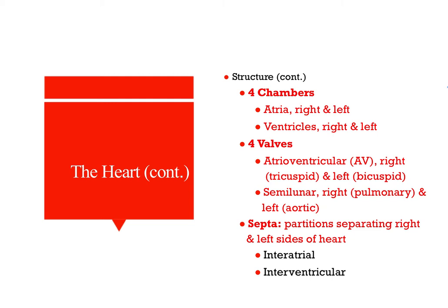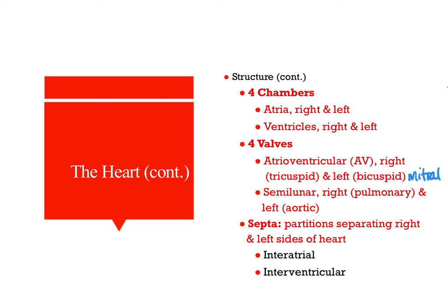Okay, mitral. That word there for you. The mitral valve. So you will hear both of those terms. We then have the semilunar valves. Those are the pulmonary semilunar valve and the aortic semilunar valve.